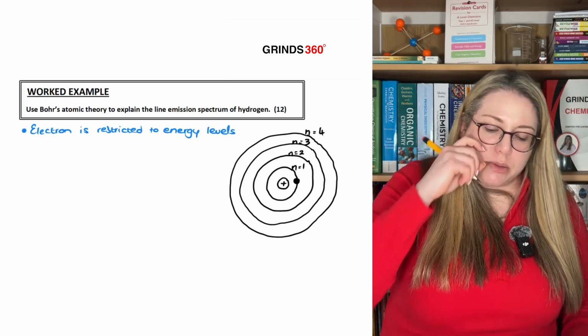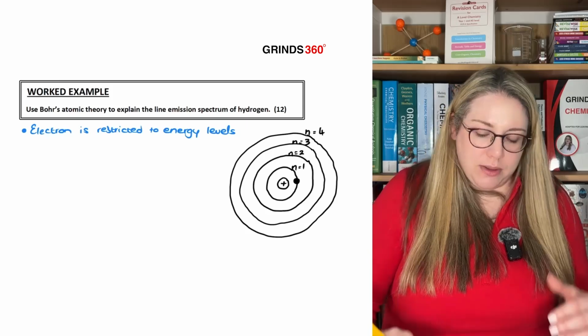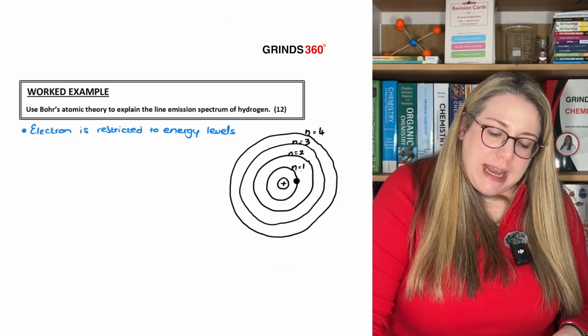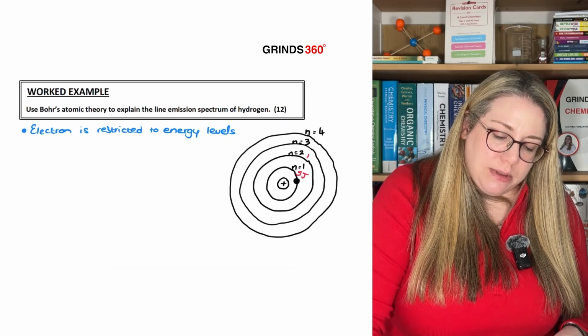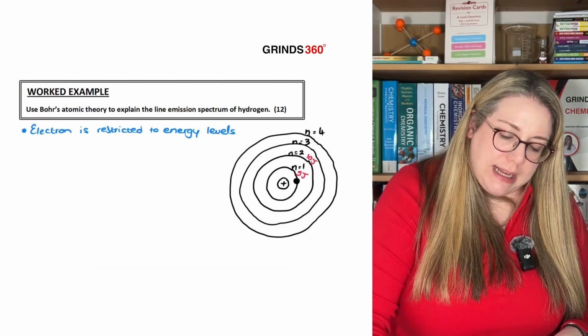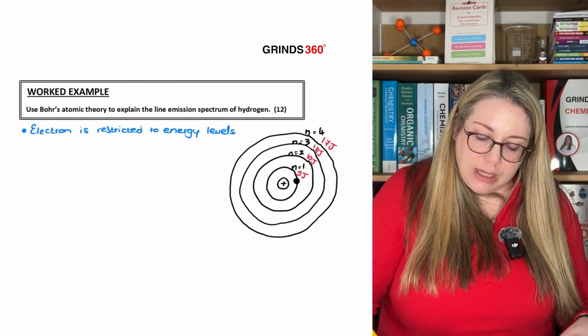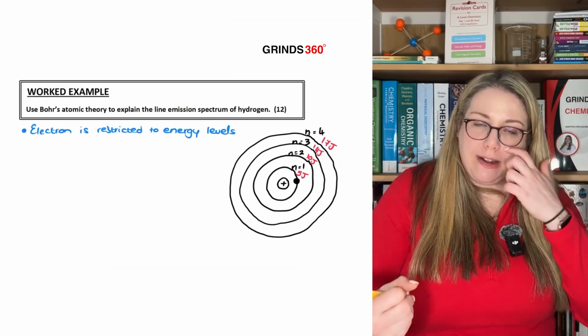Now, not only that, when I was doing this a few minutes ago, I had specific energy values on those energy levels, which I'm going to label now. When your electron is in n equal to 1, I said that was 5 joules of energy. n equal to 2 is 10 joules. n equal to 3 was 14. And n equal to 4 was 17. So that means your electron has a specific or fixed amount of energy.